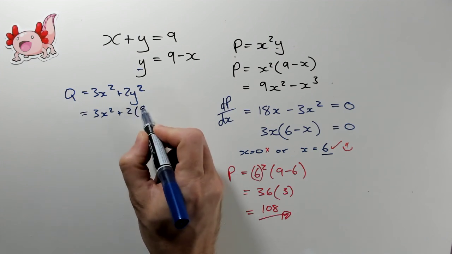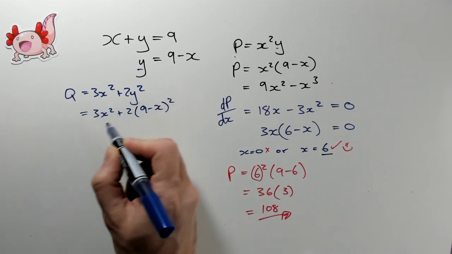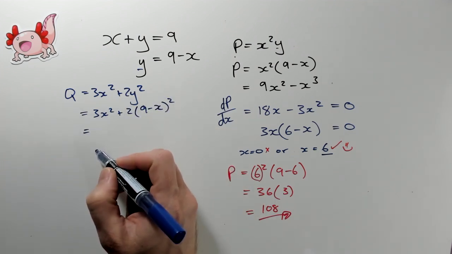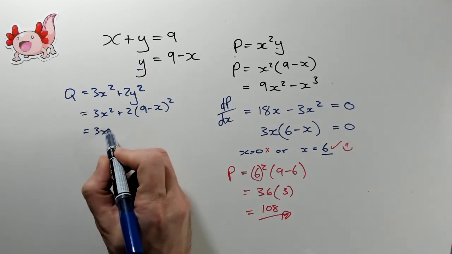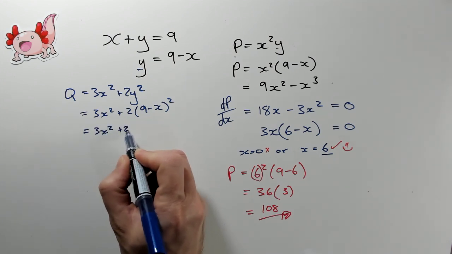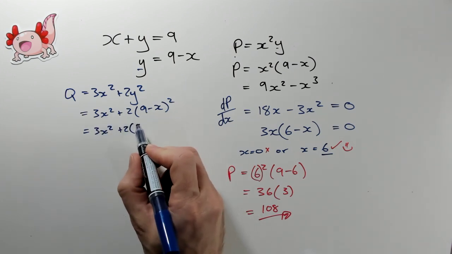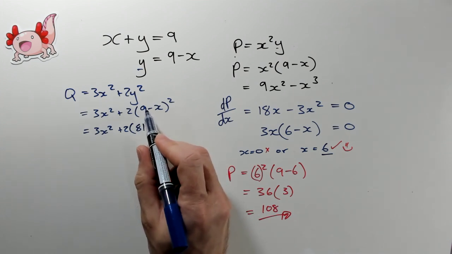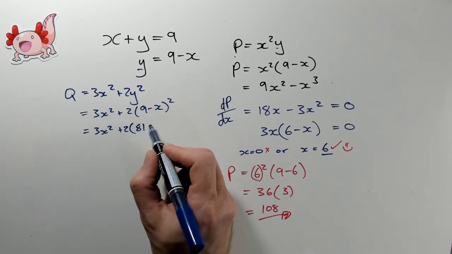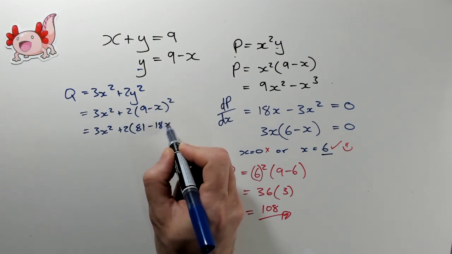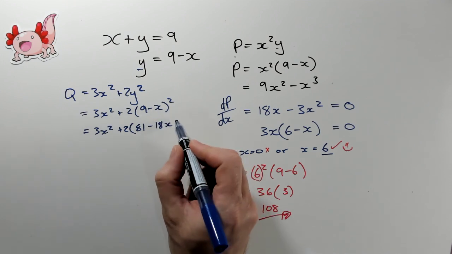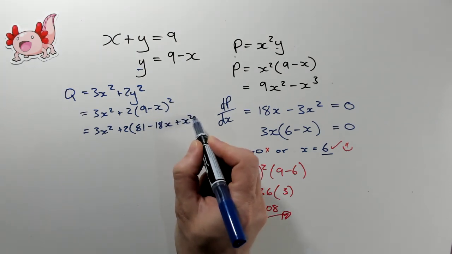So 3x squared, the plus 2 I'm just going to keep outside, times 9 minus x squared, and do some expanding of brackets. So 9 times 9 is 81, and 9 times negative x times 2 is going to be negative 18x. And then that times that is just going to be plus x squared.